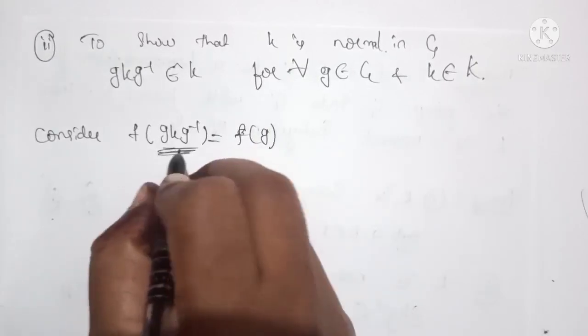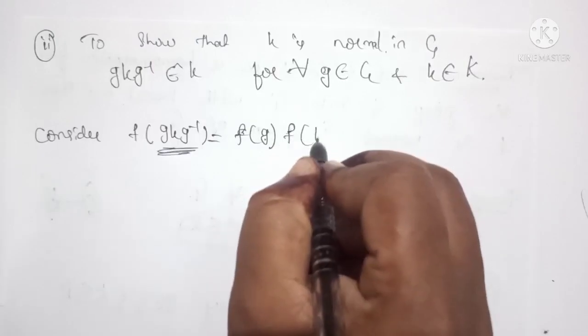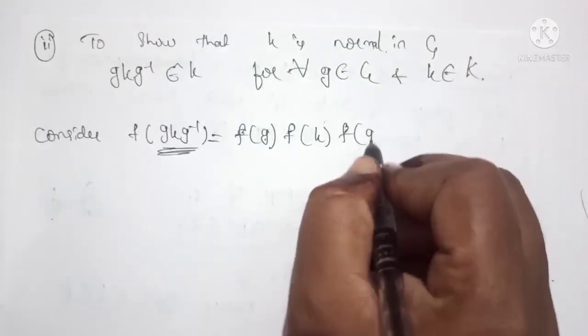By the homomorphism we can split this as f of G, f of K, f of G inverse.